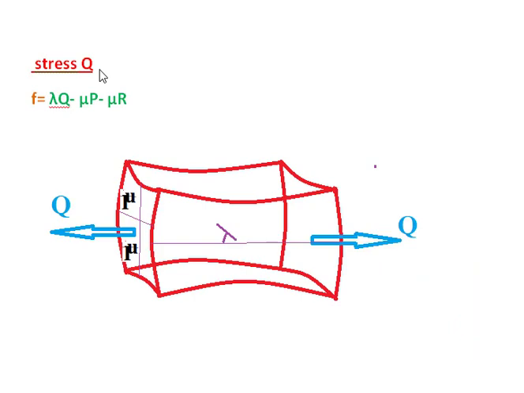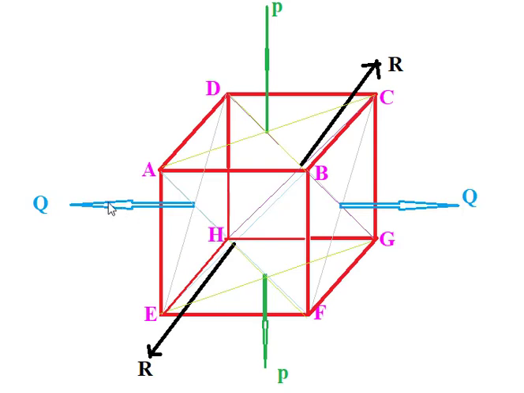Now we are applying a stress along direction Q. We are applying a stress or force along this direction Q on this isotropic cubic material.